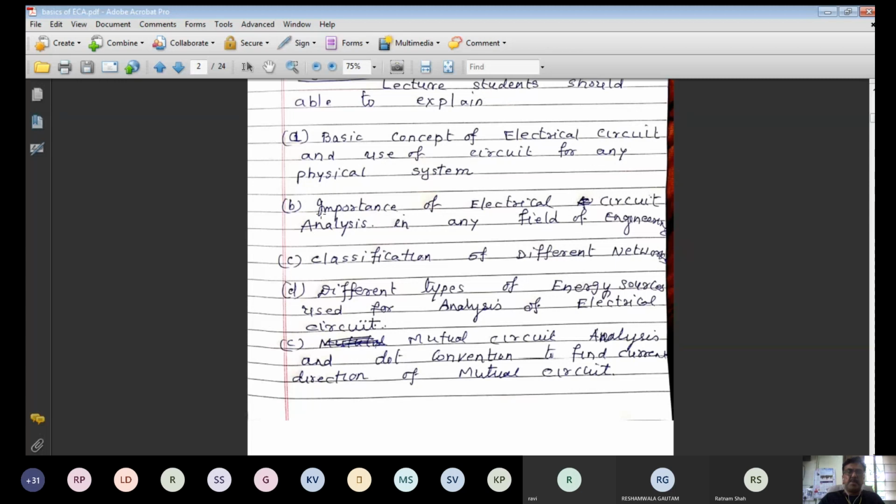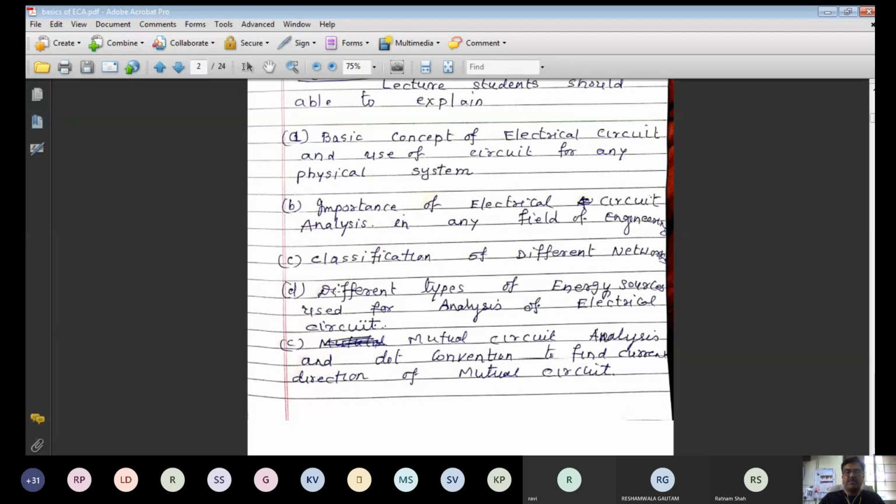Now the second point, the importance of electrical circuits. What is the importance of electrical circuits in any field of engineering? Because in any field we have electrical circuits. Suppose in mechanical engineering we have a motor, then we also have an electrical circuit in that field. Now, classification of different networks. The networks are classified into different types.